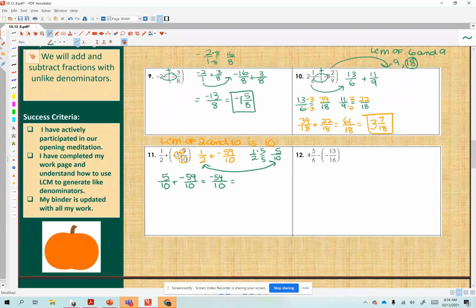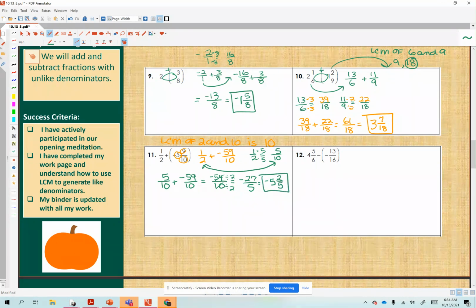First of all, we could also reduce it. 54 and 10 are both divisible by 2, which would give me -27 over 5. And that's easy to convert because 27 divided by 5 is 5. Remember, this is negative. Let me make sure I make that clear. So this would be -5 with 2/5 left over.